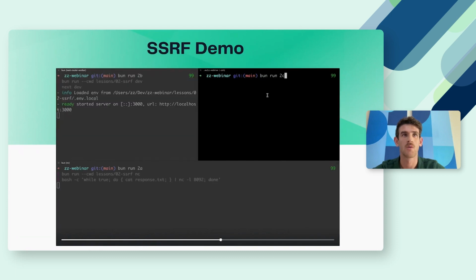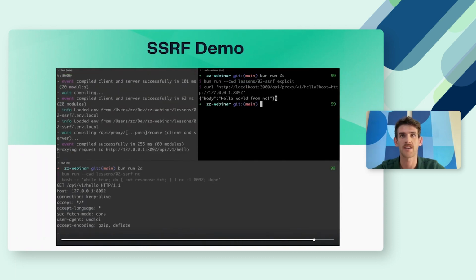So I built a little demo where I exposed an API called proxy on localhost, and at the same time I ran a netcat server on a different port. Here on the bottom terminal, this is my sample netcat response. On the top left is my server, which is intended to just serve requests from localhost 3000, but I enabled someone to specify a different host.